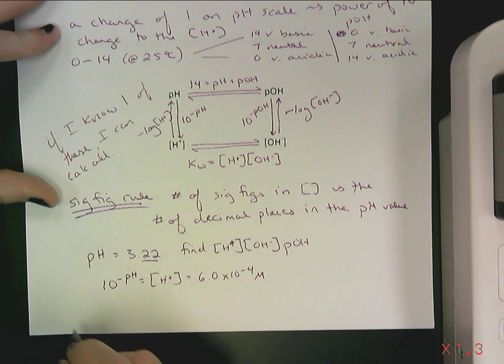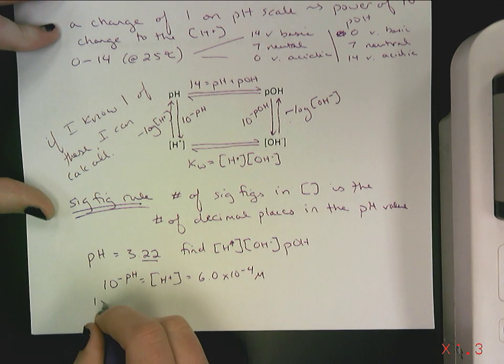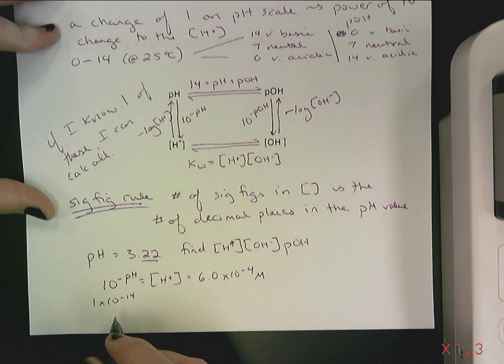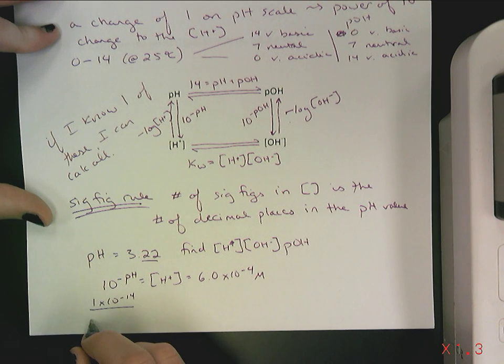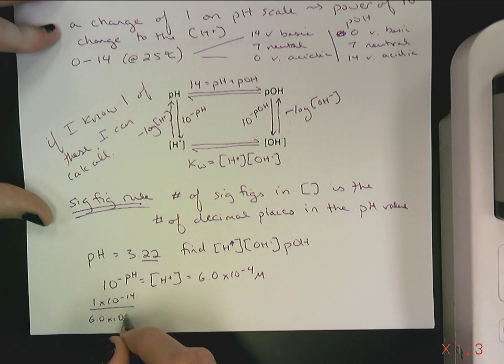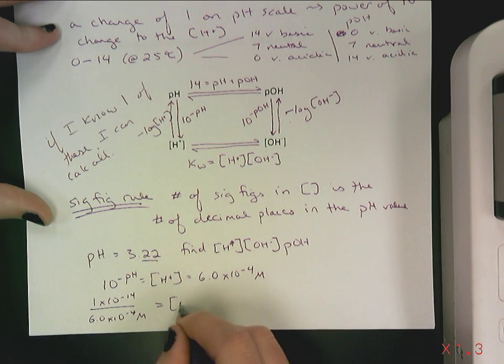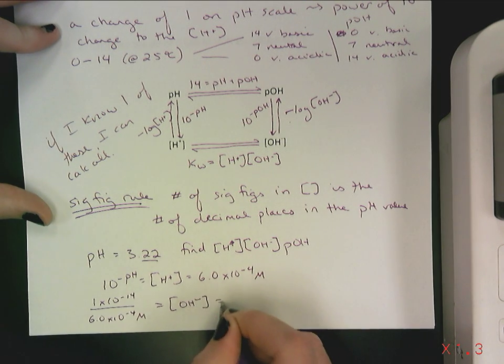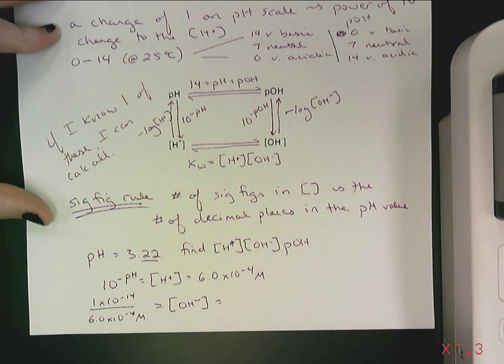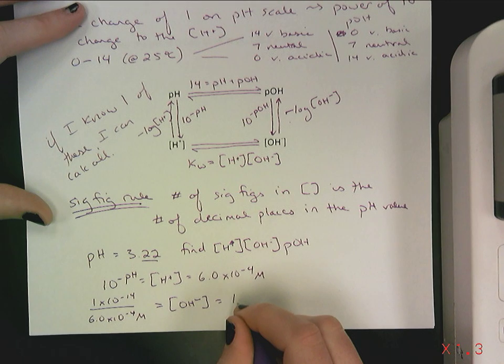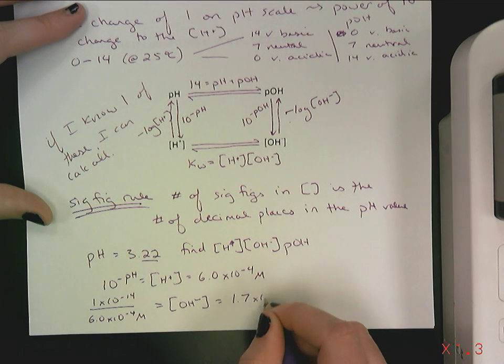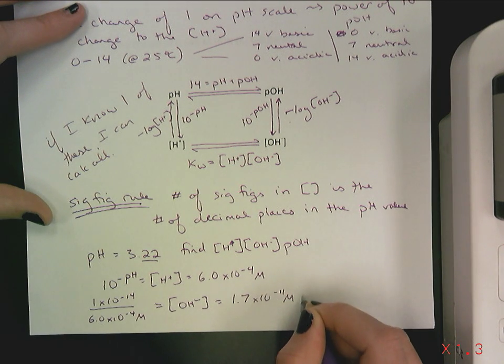of H plus. Right, I know that Kw, 1 times 10 to the negative 14th, divided by the concentration of H plus is going to be equal to the concentration of hydroxide. So I'm going to get 1.7 times 10 to the negative 11th molar hydroxide.